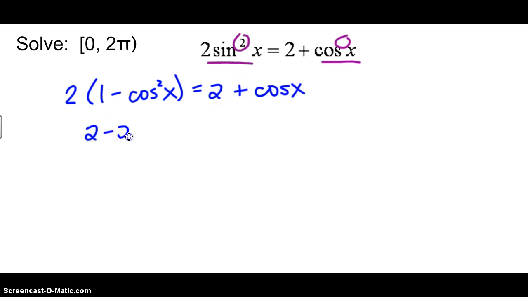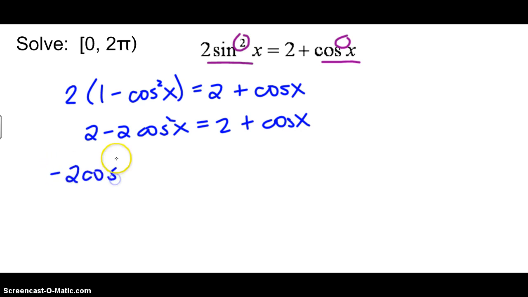Distributing in my 2, I'm going to get everything to one side, so I'm going to have negative 2 cosine squared of x minus cosine of x. Subtracting 2 over here is just going to drop to a 0, so this is all equal to 0.